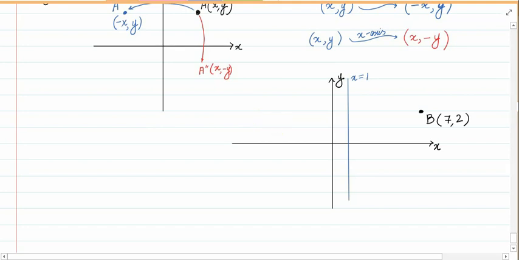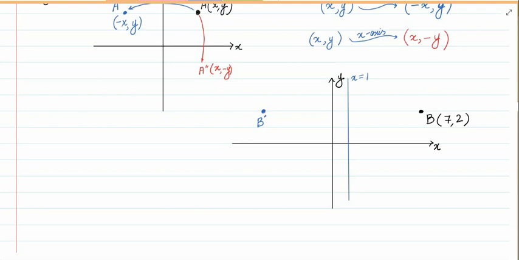I hope that all of you come up with the solution that B should lie here after reflection. What are the coordinates? It is not important right now. Right now the important part is to visualize where the point should be after the reflection. Once you are sure that the point lies here, now you need to work on the coordinates.